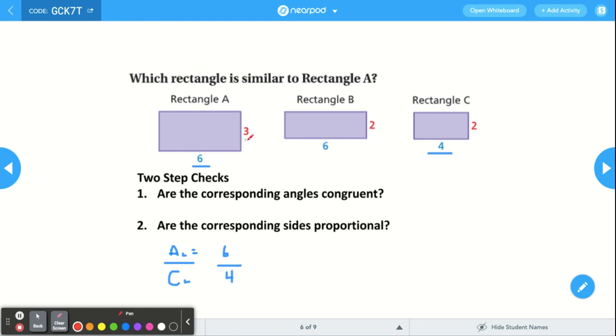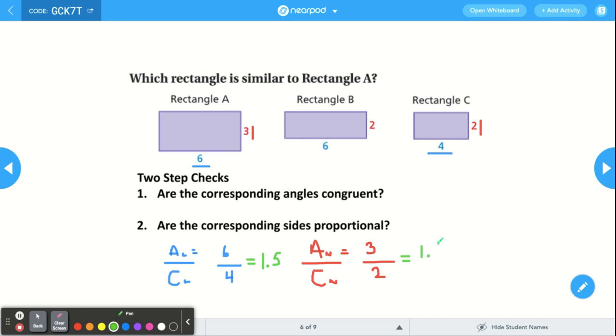Then we compare the widths. The width of A is 3, and it's comparing to the width of C, the corresponding side, 2. It might not be obvious just yet, but if I do a little division here, 6 divided by 4, simplified, would be 1.5. And if I divide 3 by 2, I also get 1.5.